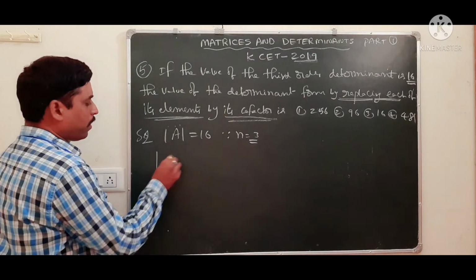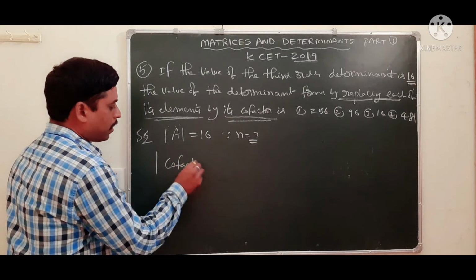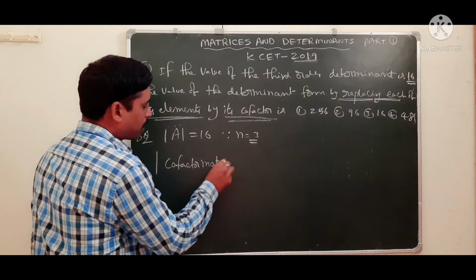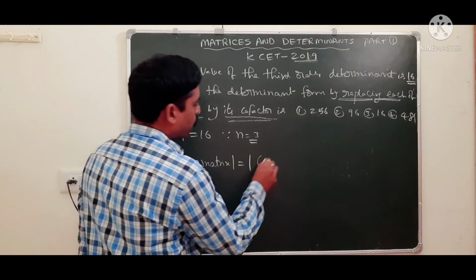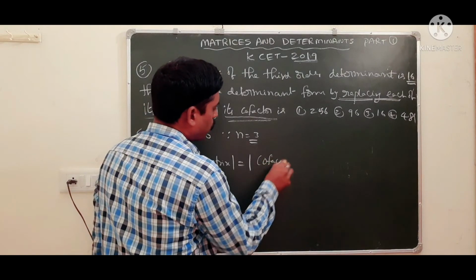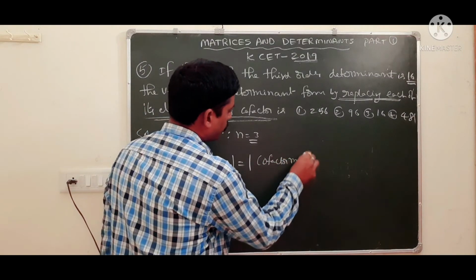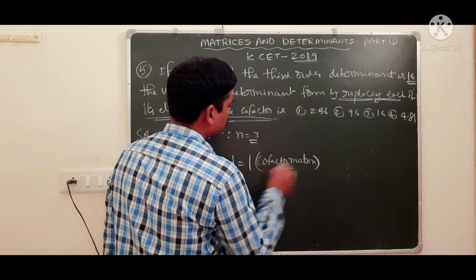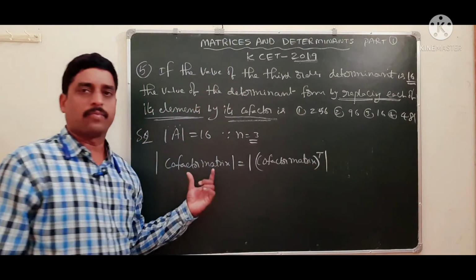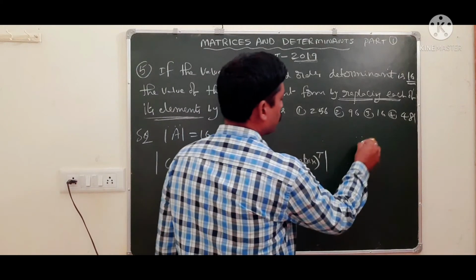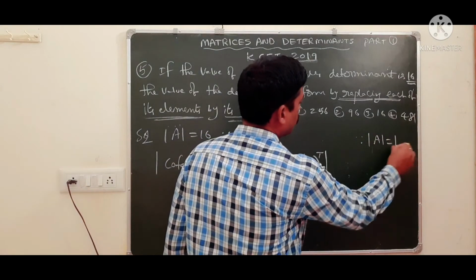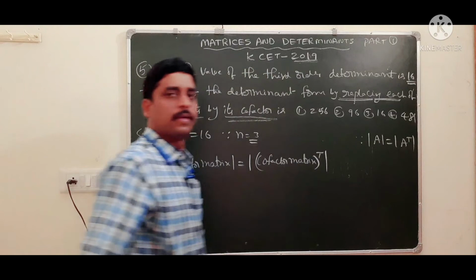So the determinant of the cofactor matrix is our target. Det of cofactor matrix whole transpose is equal, by the formula det A equals det A transpose.